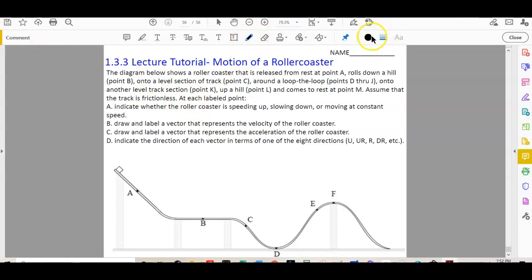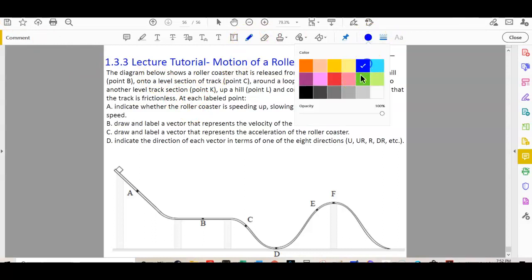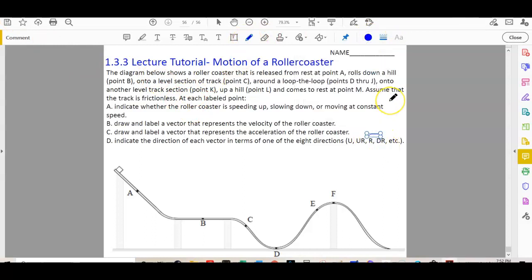All right, we are back. So I'm going to start off by drawing the velocity vectors, and I think I like to use blue for that. Well, in this case right here, at A, this object is on a frictionless slide, so it's going to go down this right here. When it gets to B, it's now on a flat level plane.